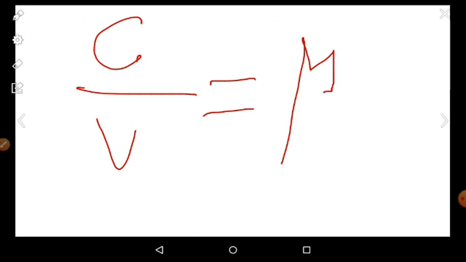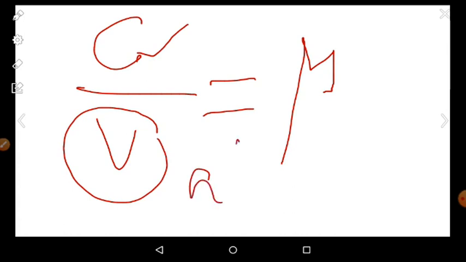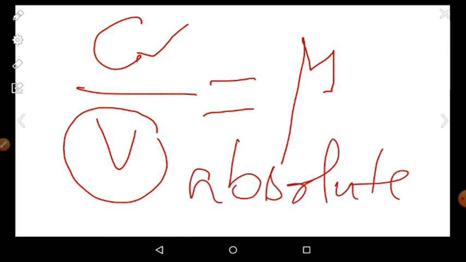Here we have taken the ratio of the velocity of light in vacuum with respect to the velocity of light in the medium. So this is known as the absolute refractive index of the given material.